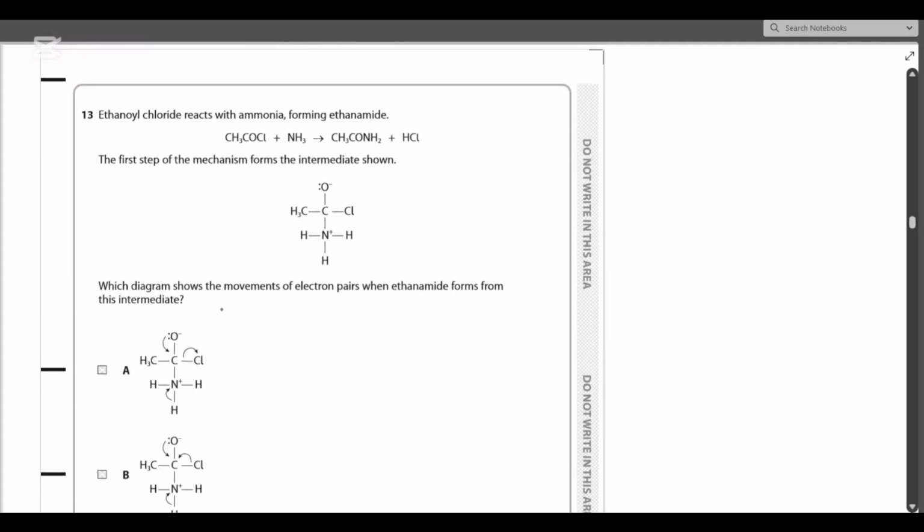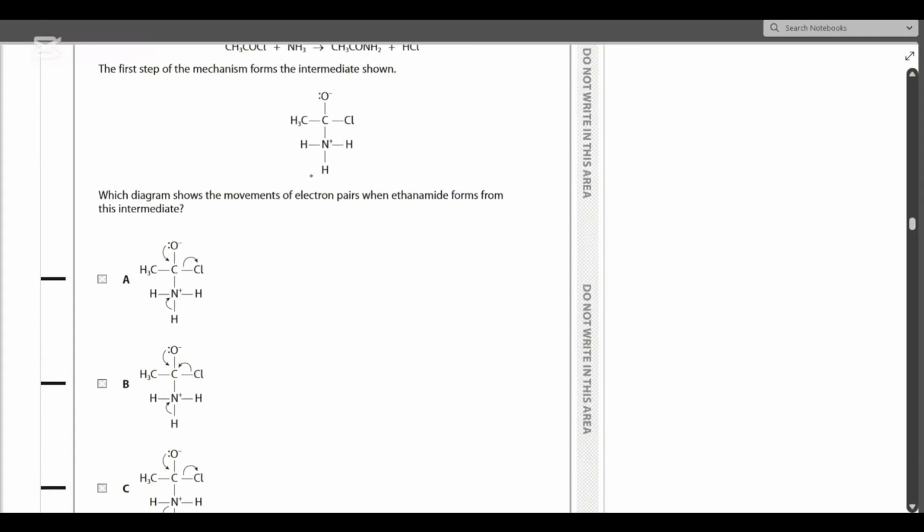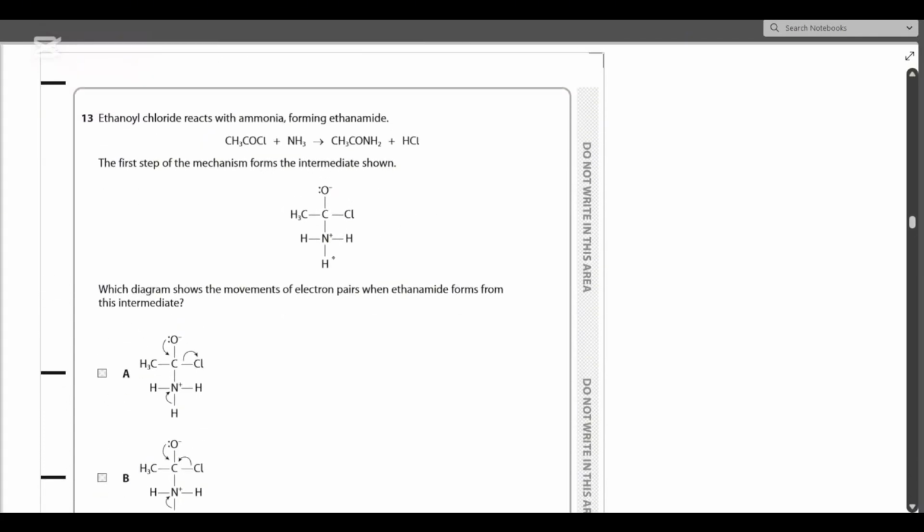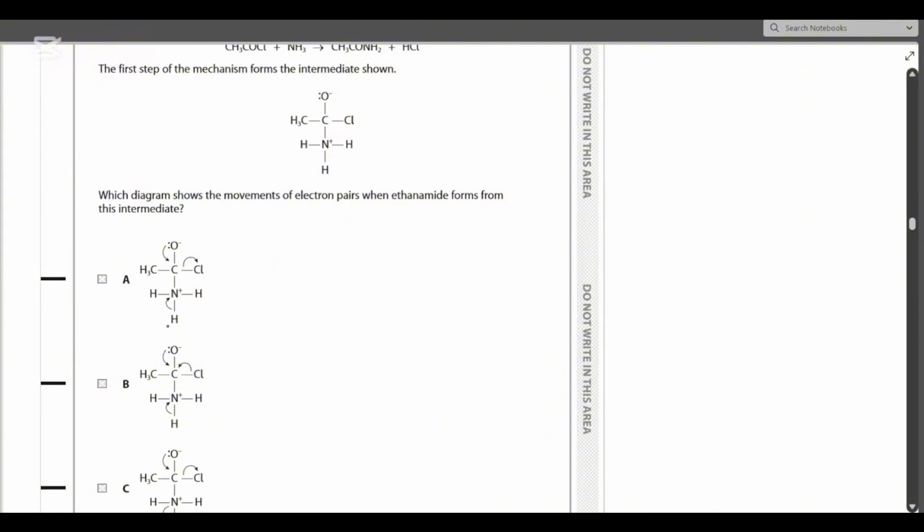Now we also know that what happens during the formation of ethanamide is that this bond, the NH bond, basically breaks down. So the only thing that happens is that the bonded electrons present in the nitrogen atom get donated to N plus, or the nitrogen atom right here.